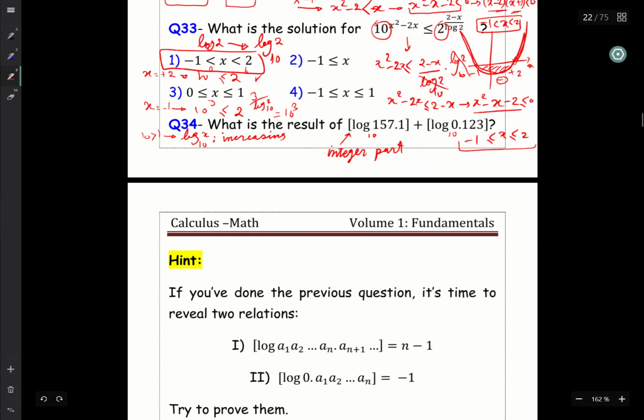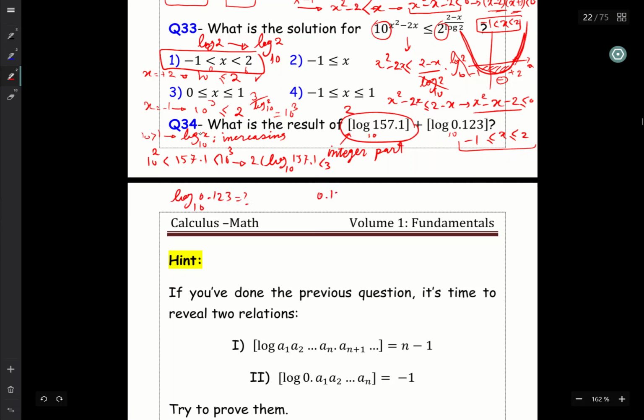Okay, so 157.1 is between 100, which is 10 to the 2, and 1000, 10 to the 3. So log of 157.1 is between 2 and 3. Therefore, the integer part of the first term is 2. And log of 0.123 in base 10. What is this?